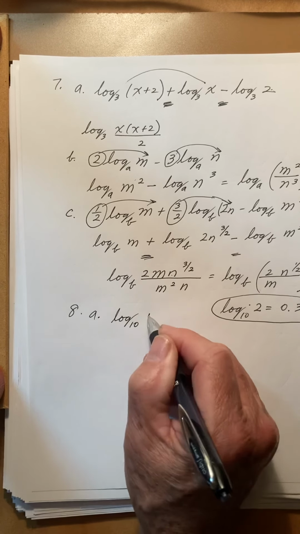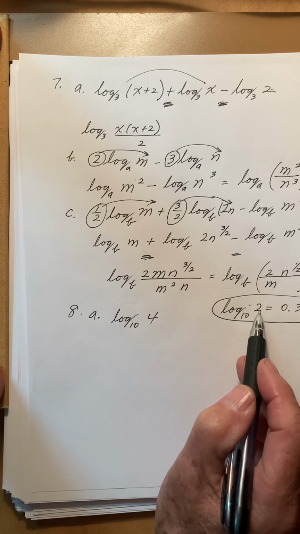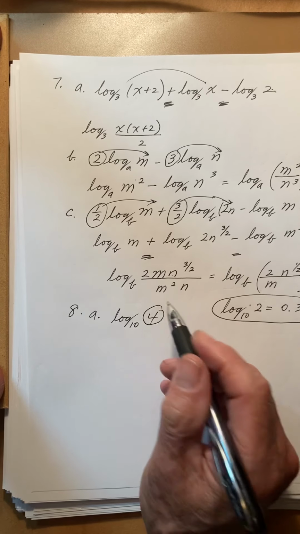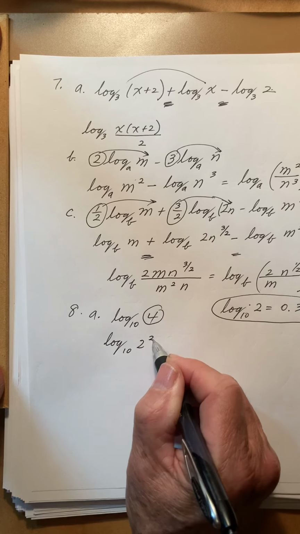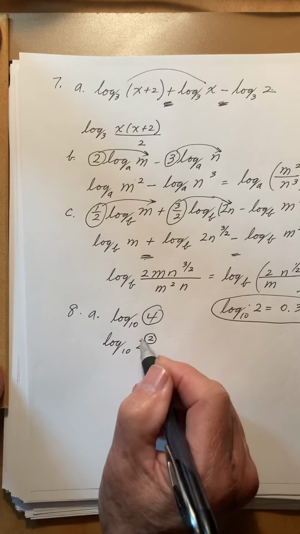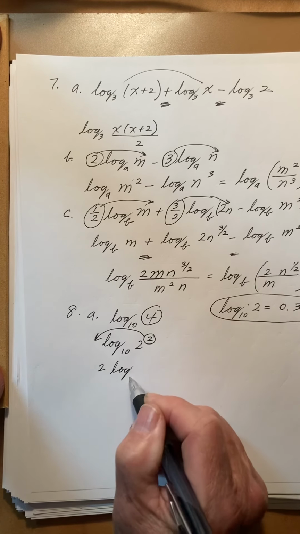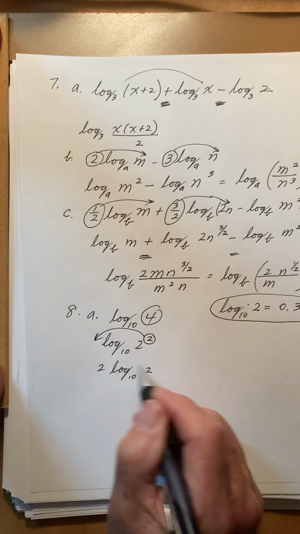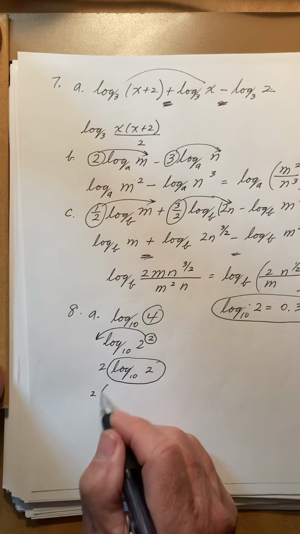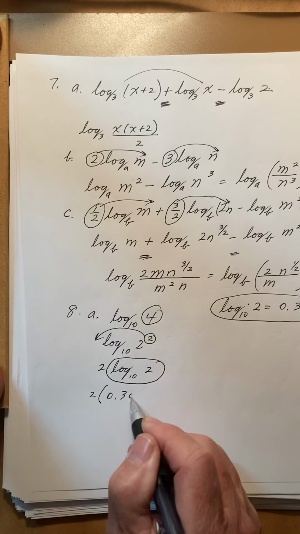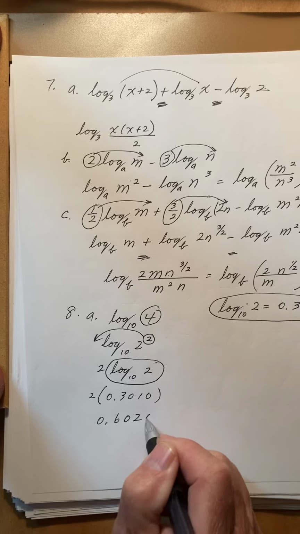Log base 10 of 4. Since we know the log base 10 of 2, we can rewrite the 4 as 2 squared. Then we can put this 2 out in front, and that'll give us 2 log base 10 of 2. We know what this is from over here, so that's 2 times 0.3010, which is 0.6020.